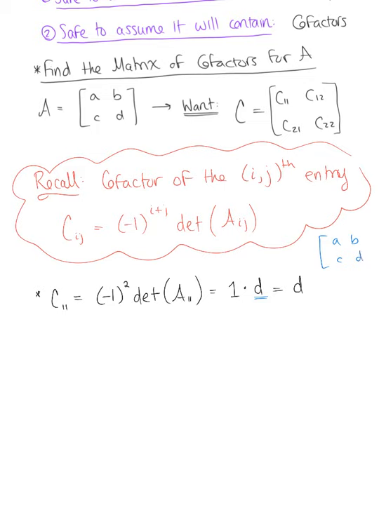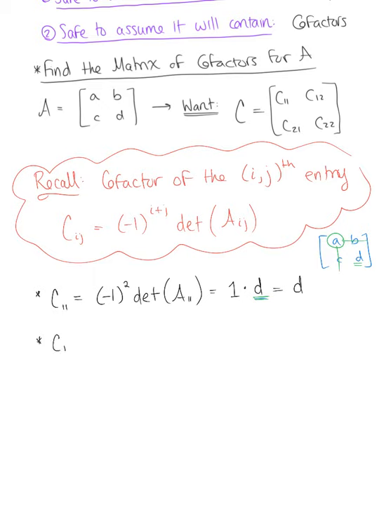Remember, with our cofactor expansion, to find that submatrix, we think about the entry in the first row, first column, and we eliminate that row and column, which just leaves us with D. And we do the same thing for the other cofactors.